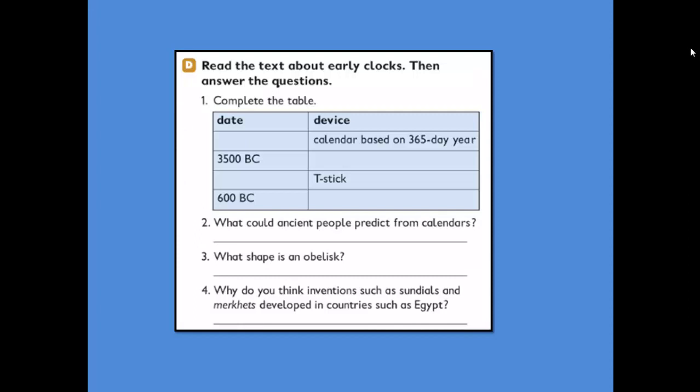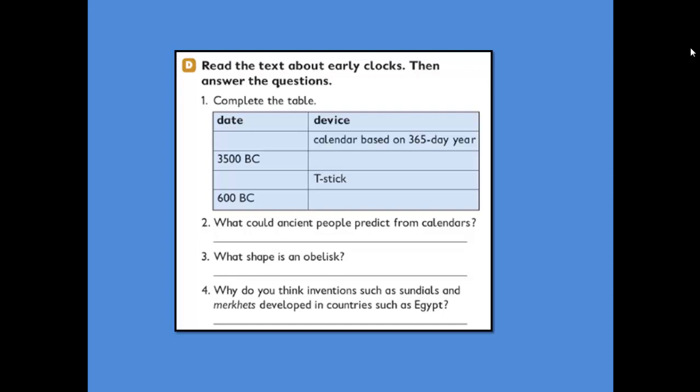Now practice number D. Read the text again about early clocks, then answer the questions. We have read this text earlier, so we will do the tasks directly. Number 1, complete the table. Here we have a table. This table consists of 2 columns.